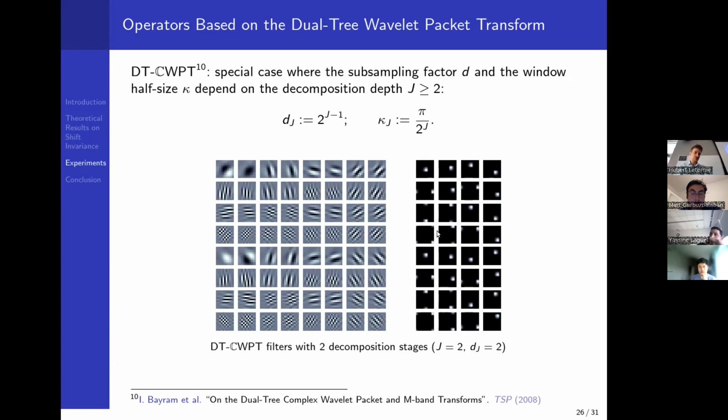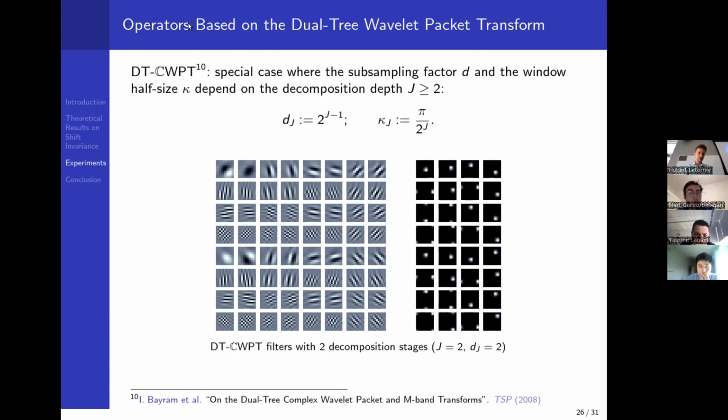So in this framework, the subsampling factor D and the window half size kappa depend on the decomposition depth J, which is equal to 2 or bigger.